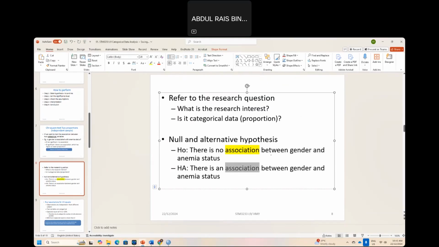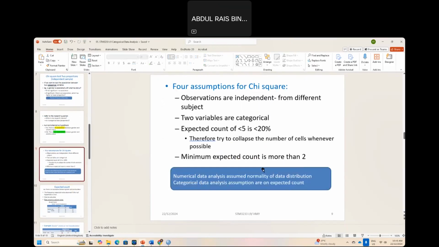Null hypothesis, no association between gender and consumption pattern. If it's a HA, we predict there is association. Ini keywords for chi-square. Alright, the assumption. Right. Two variables are categorical.